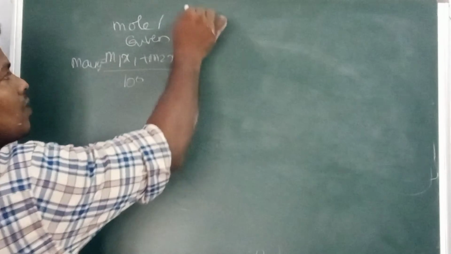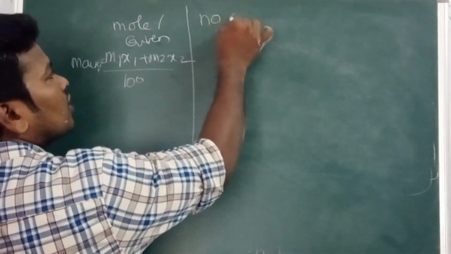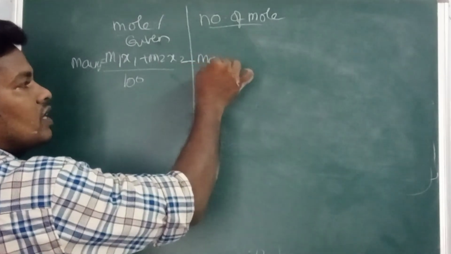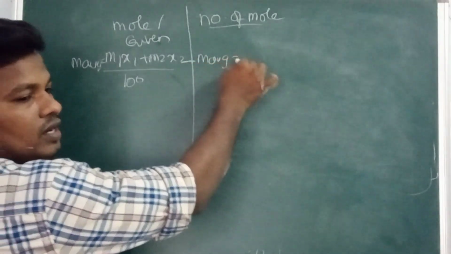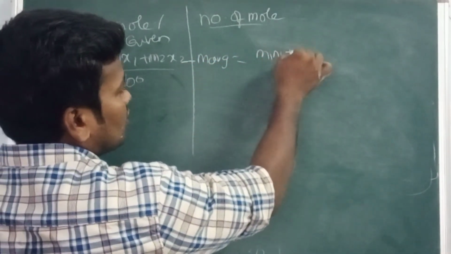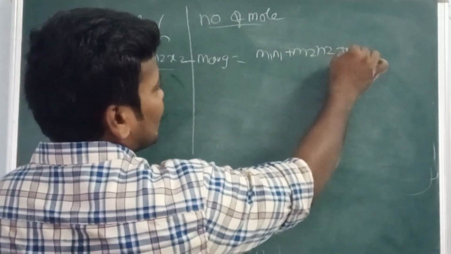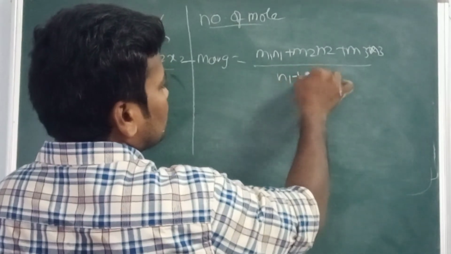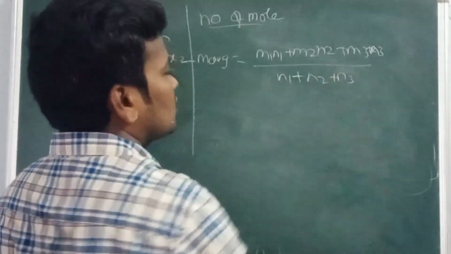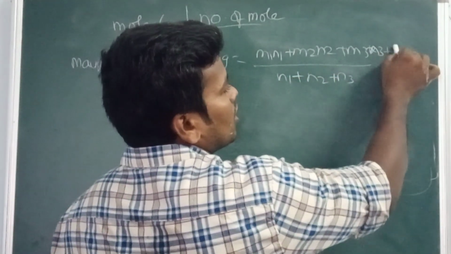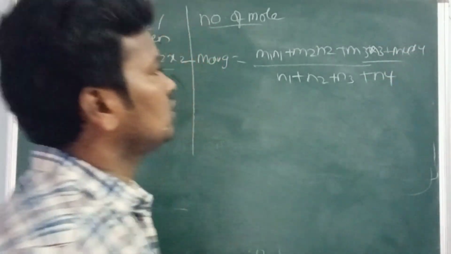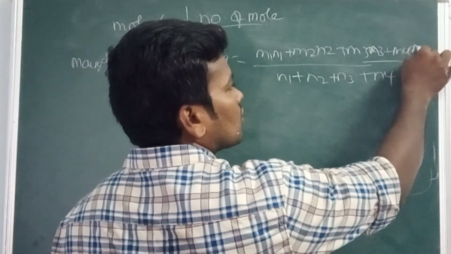If the number of moles is given, very easy: M average is equal to (M1 N1 plus M2 N2 plus M3 N3) by (N1 plus N2 plus N3). If four are there, add M4 N4.